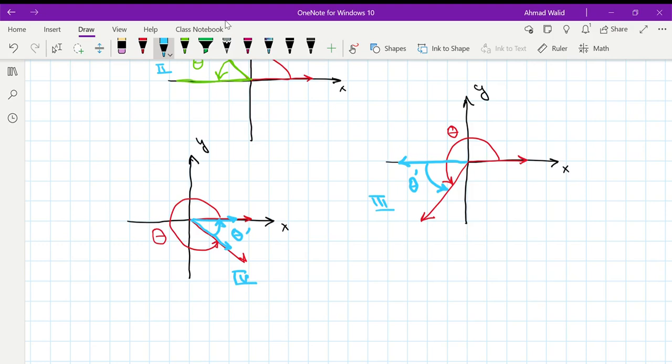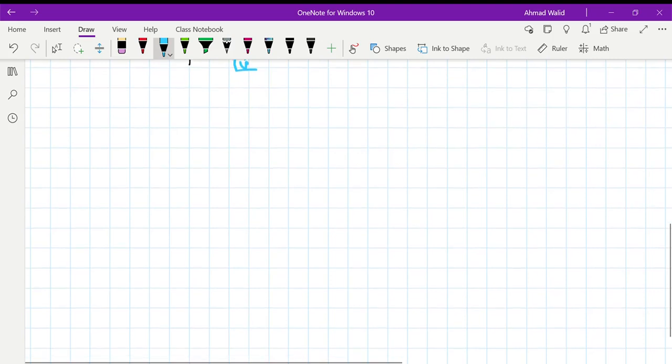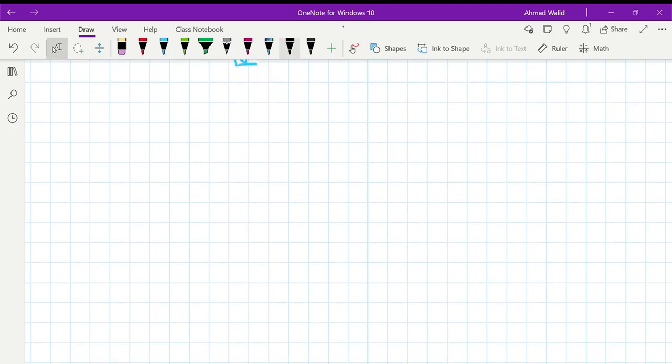Now, the first example. Let's do an example, then we discuss it more. Example number 1.